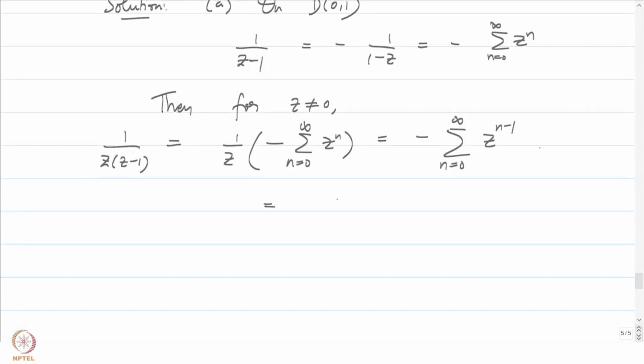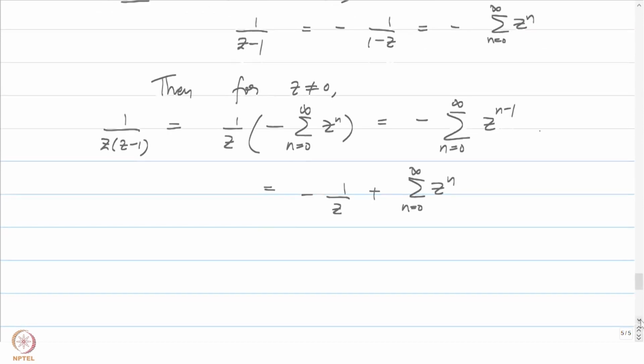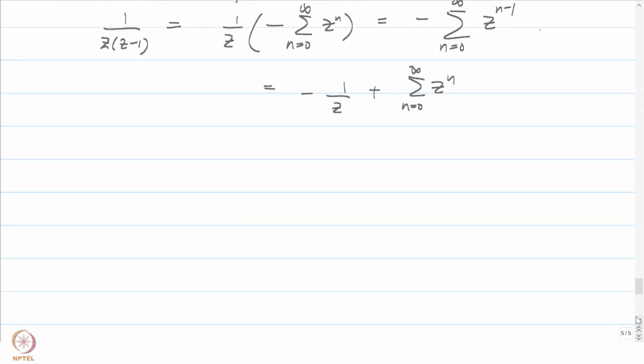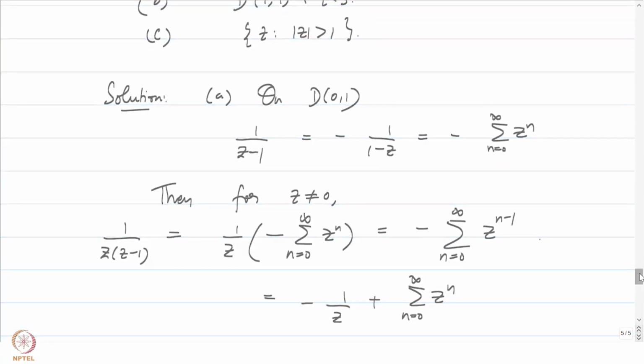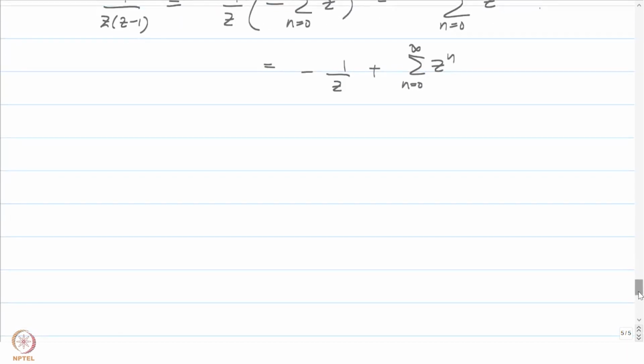So this is exactly equal to 1 by z plus summation z to the power n going from 0 to infinity. So that's going to be the Laurent series expansion of 1 by z times z minus 1. This is true for every z on D(0,1) minus 0, and that is the reason why, by the uniqueness of coefficients, we get to conclude that this is the Laurent series expansion.